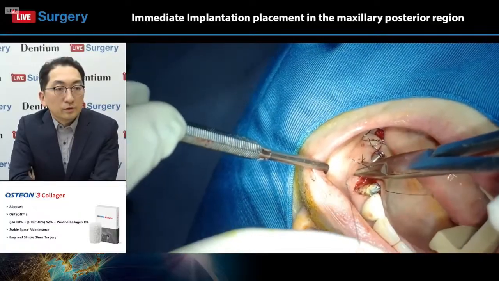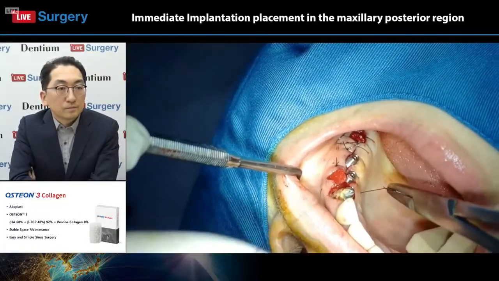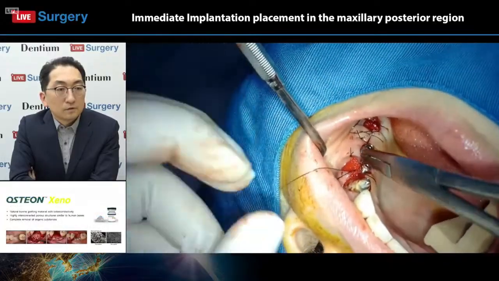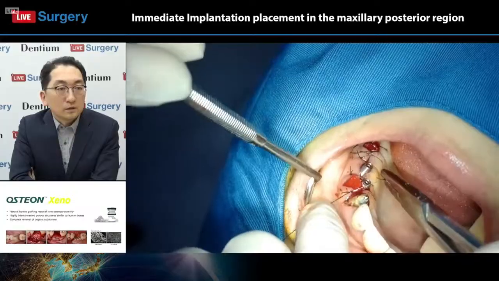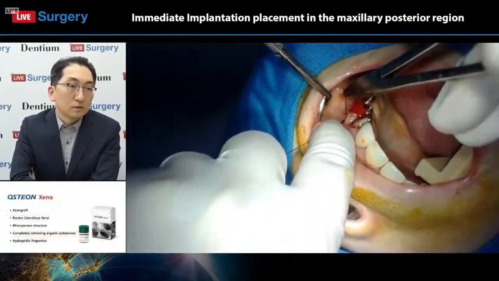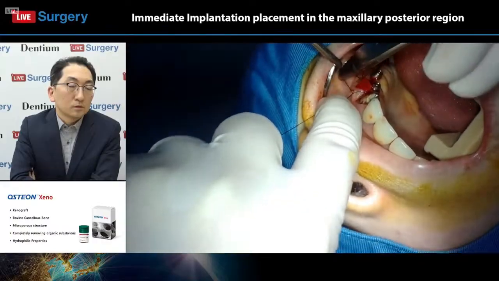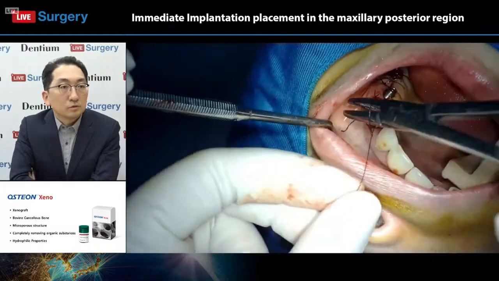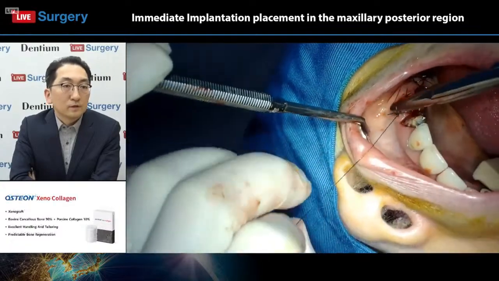During the healing period, the collagen graft resolves slowly, and new soft tissue will fill in there.